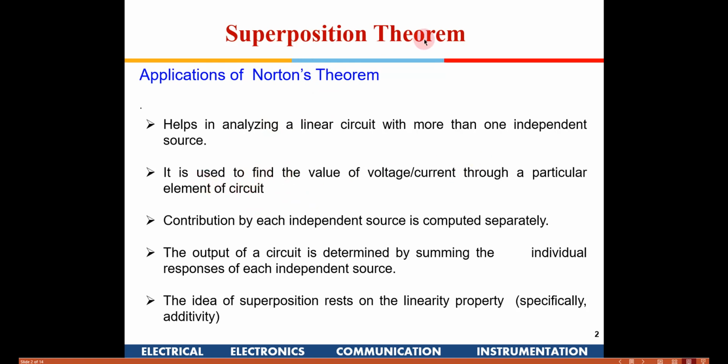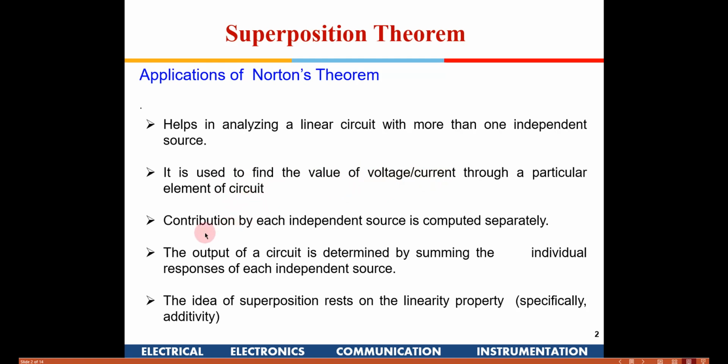By using this superposition theorem, we can find out the value of voltage or current in each of the circuit elements. Not only in one particular element, but we can find the voltage or current through any particular element of the circuit.